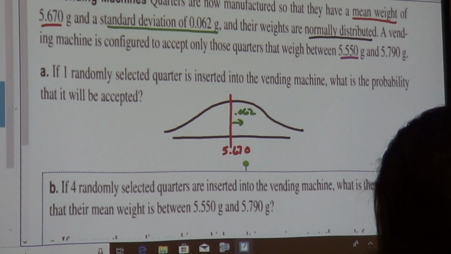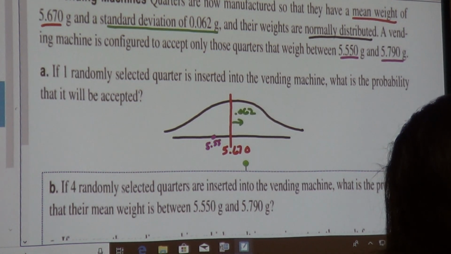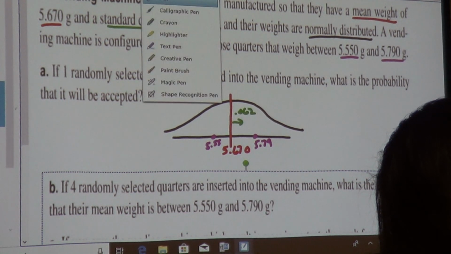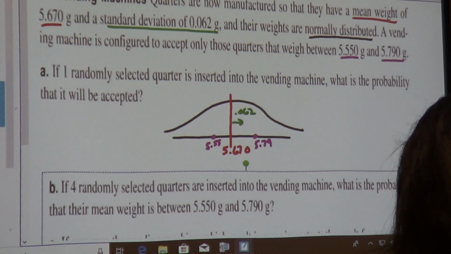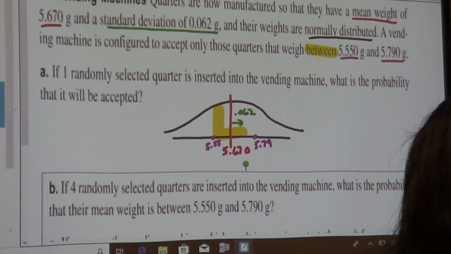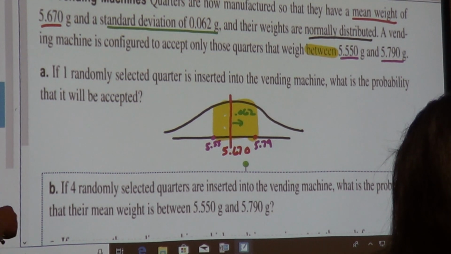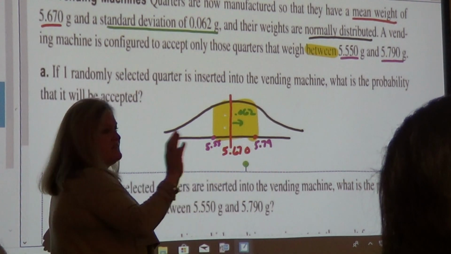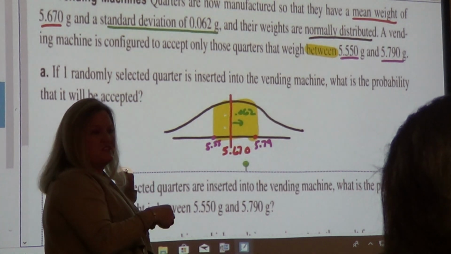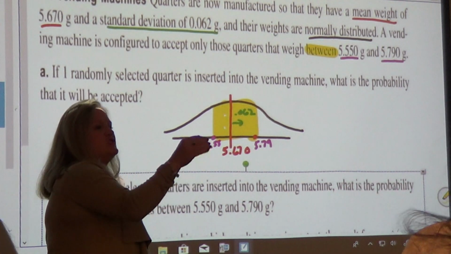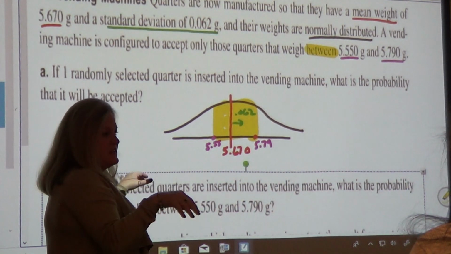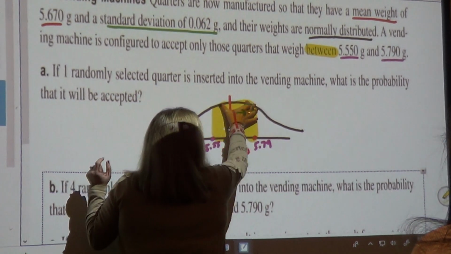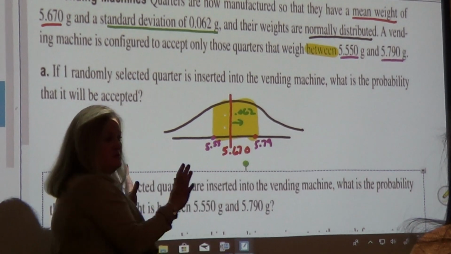My data points are 5.55, to the left, and 5.79, to the right. Quarters that weigh between those are good quarters. If your quarter weighs less than 5.55 or more than 5.79, the machine's going to kick it out. If it's got a piece of gum on it, or if it's chipped and been run over, it's going to kick it out. But as long as it weighs between that, we're good to go.